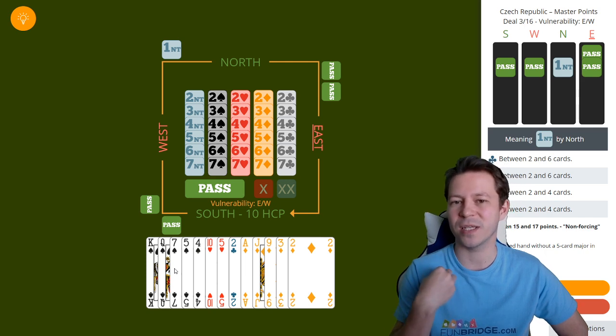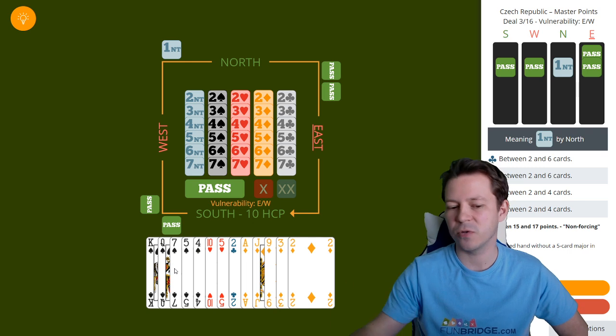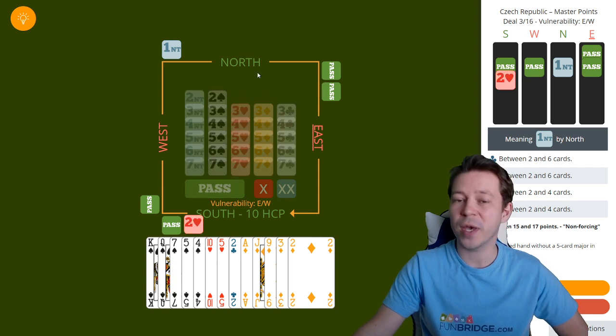So when we have a 6 loser hand and partner has a maximum, so 5 best losers for us, so ace of spades, ace king of hearts, and king queen of diamonds, that's 16 points, we might have a slam. So let's see if we can show partner that we have such a hand.